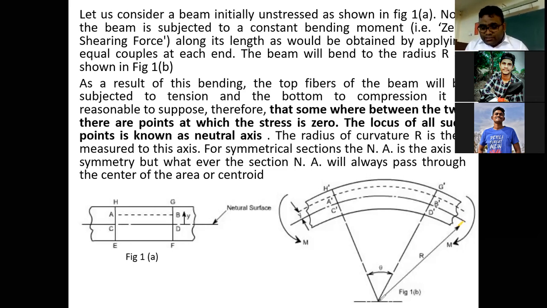R is the radius of curvature, and theta is the angle subtended by this element we have taken. Now we are going to find the stress developed in the element AB that we have taken for consideration.